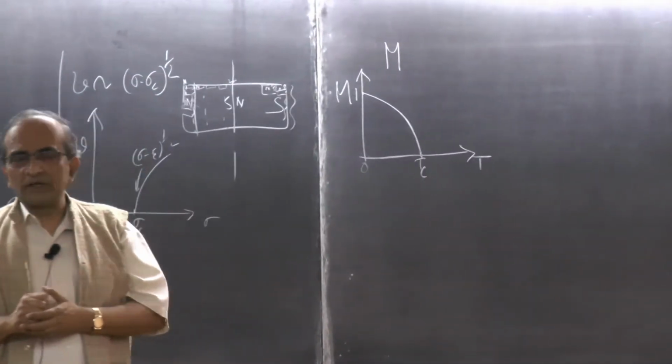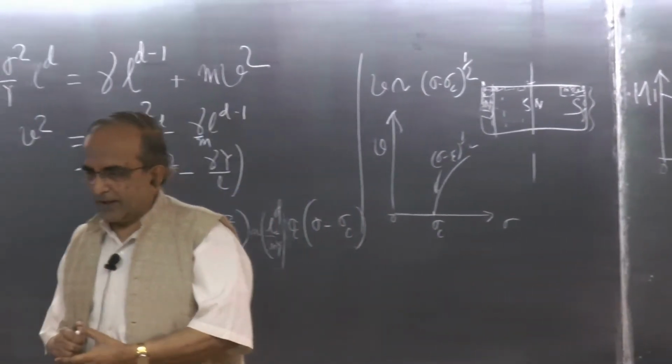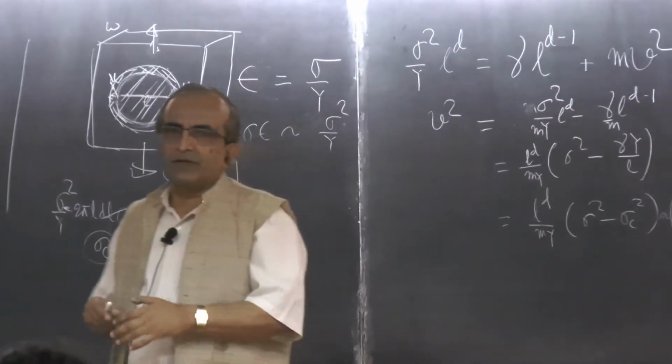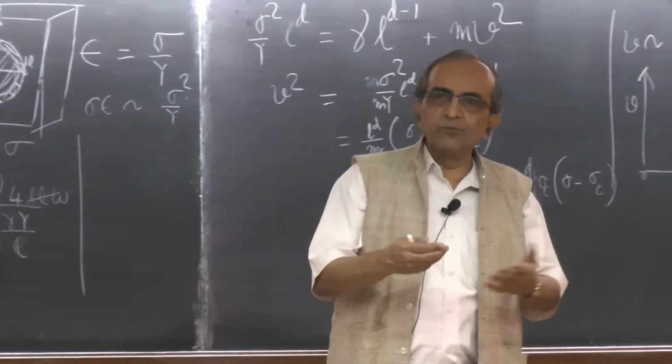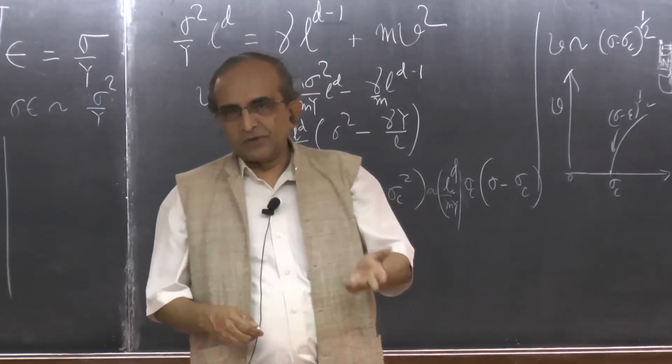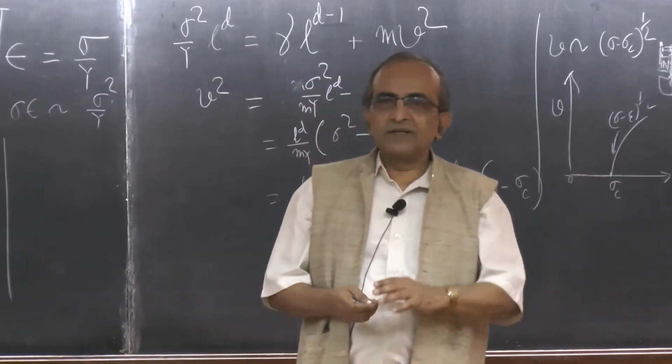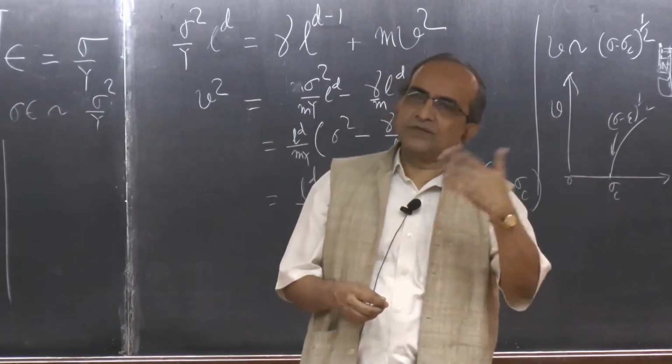Then the question was, how is it possible, as we came to know from thermodynamics, that at any temperature, whatever order you try to maintain, thermal noise will destroy that?